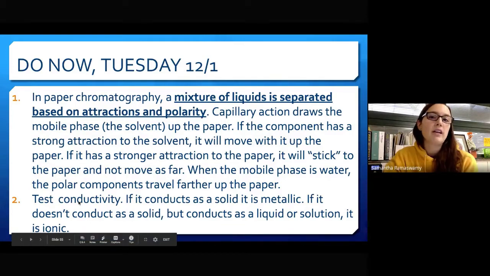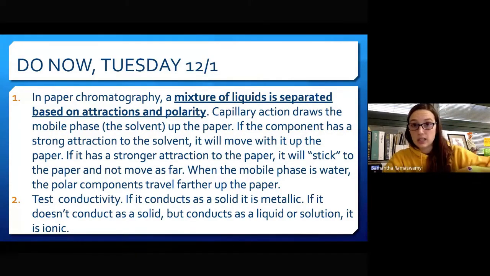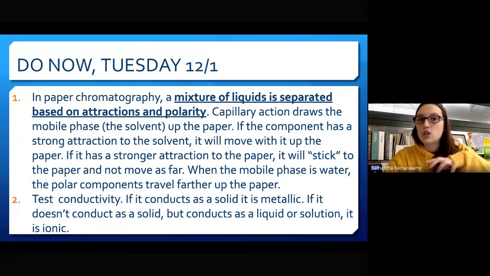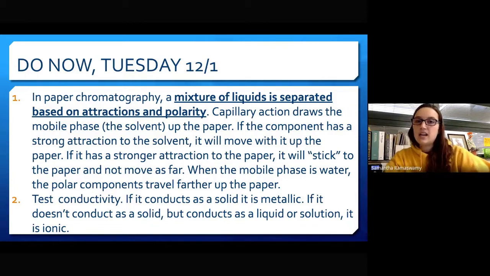So when you're looking at types of solids, you can test the conductivity, because if it conducts as a solid, it's metallic. So metallic solids are the only ones that always conduct electricity. If it does not conduct as a solid, but it conducts as a liquid or as a solution, then it's ionic.